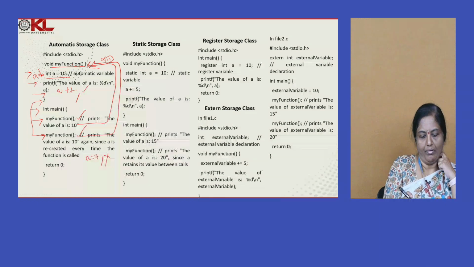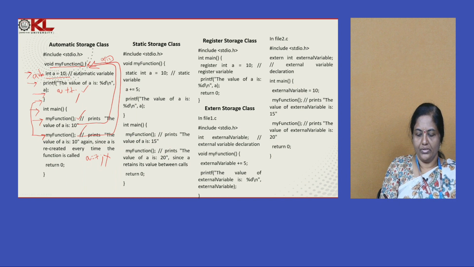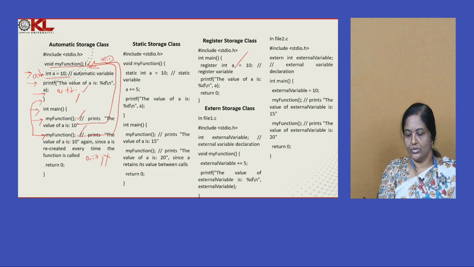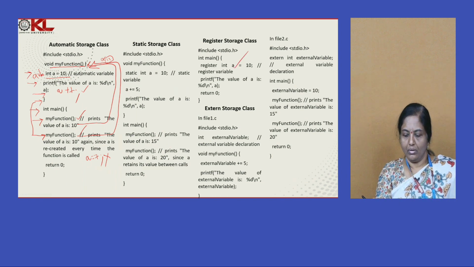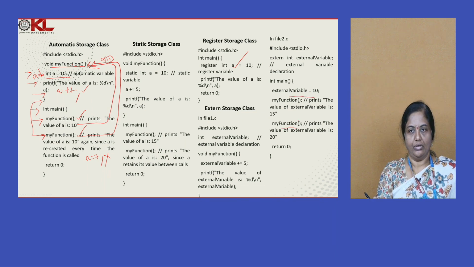Yes, all right. Then register is the same, and the last one is extern. Extern, if you put in extern, it will be accessible to any function within your program. Any function within your program.